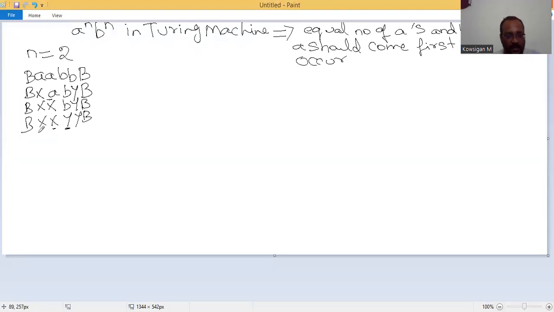You can see here 2 X's and 2 Y's, equal number of X and Y. The meaning is both A and B are equal. So this is the a^n b^n operation in Turing machine.